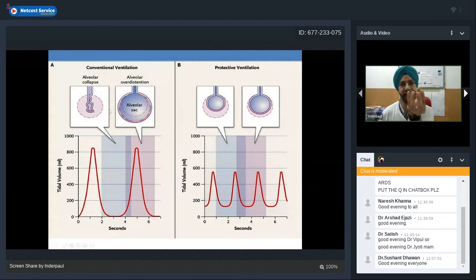So because that area is small, the ventilation will preferentially go to an area which has more compliance, and that is the risk associated with conventional ventilation, where it can over distend the areas with normal time constant. I hope I am able to clearly tell you. If you are confused, just let me know. Okay.